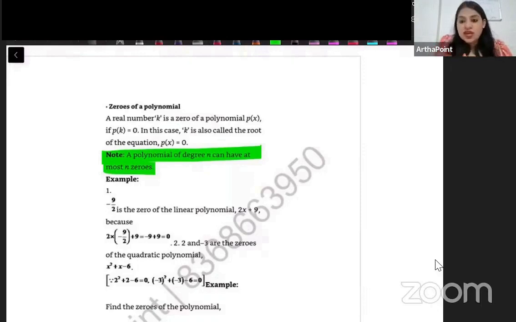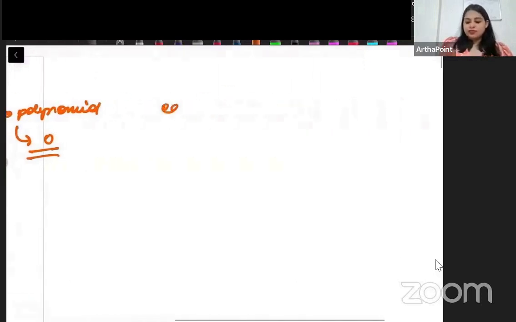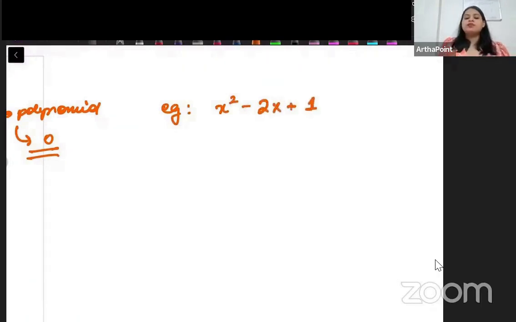But beta, what are zeros? The zero of a polynomial is nothing but a value which, when you put it inside the polynomial, you get the answer as 0. It is also called the root of the equation, right? Take an example: x square minus 2x plus 1.